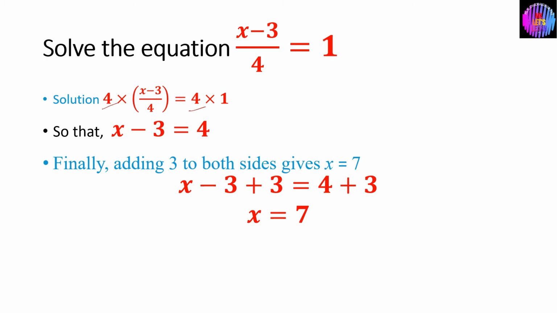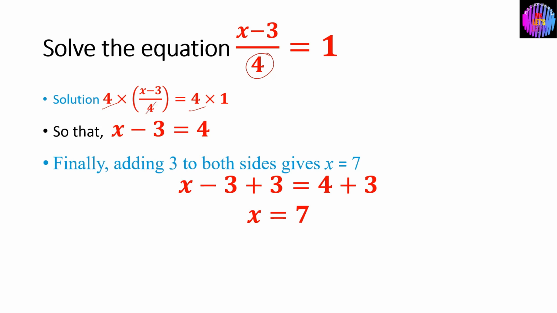This will remove the 4 in the denominator. So we should remove the 4 in the denominator. For that, we multiply both sides of the equation by 4.